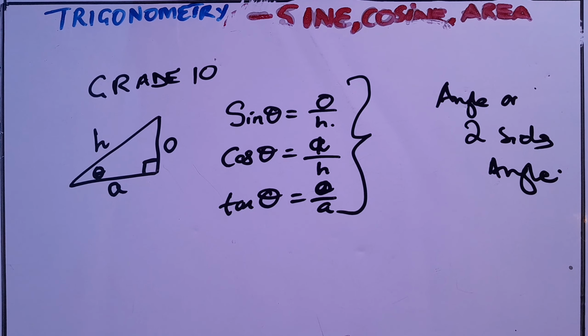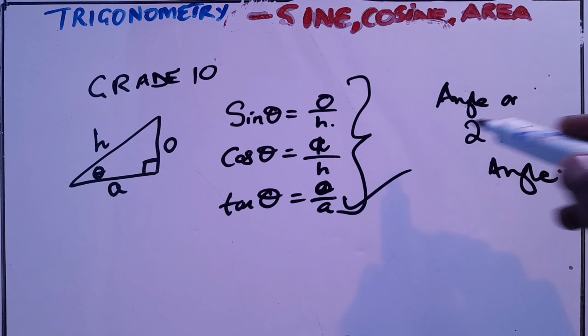This is what we use in grade 10 work. So just remember that sine theta equals opposite over hypotenuse, cos theta equals adjacent over hypotenuse, and lastly tan theta equals opposite over adjacent.